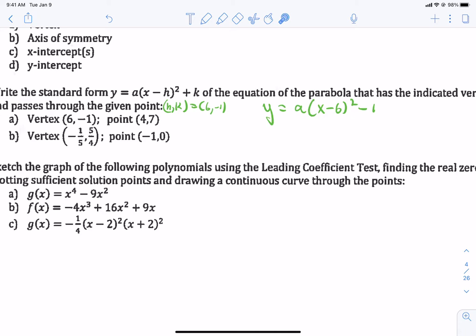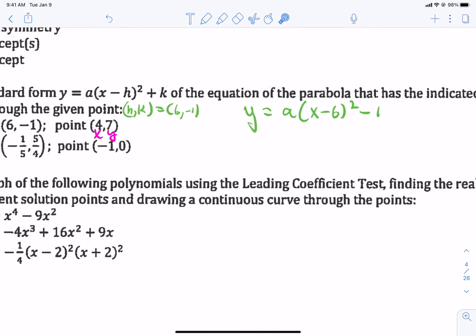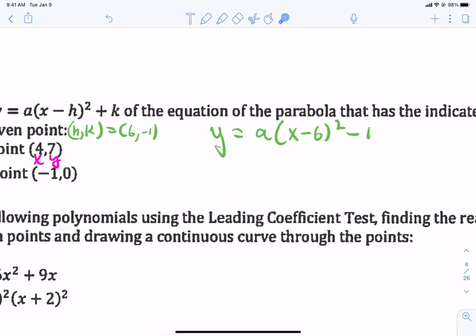Now you'll notice that the thing we don't know is the a value. But this is going to help us. So what we're going to do now is we're going to plug in, this is our x and this is our y. And we're going to put those here and here where x and y is. And then our only variable will be the a. Okay, so let's put an x value of 4 and a y value of 7. Oh, 4 minus 6 is negative 2.